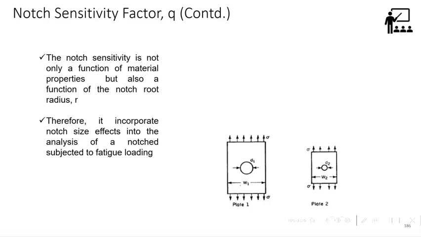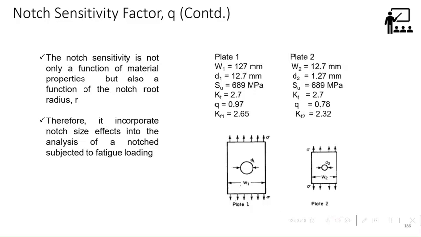For better understanding, you have two plates, we will see what the things are. Plate 1, plate 2, width is 127 in plate 1, but in plate 2 the diameter is 12.7.